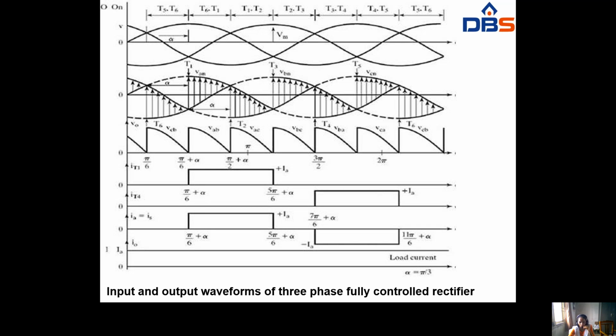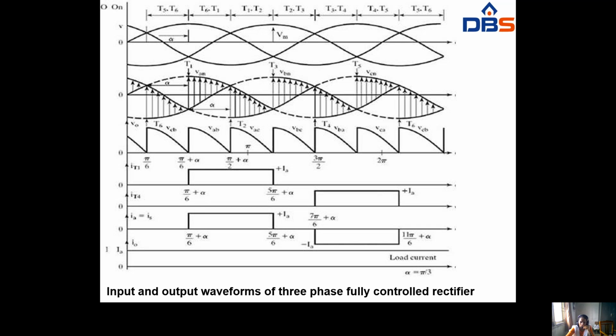Okay, so this is the output voltage waveform we have to see. VAN, VBN and VCN, there are three voltages here. So at pi by 6, the firing angle starts.